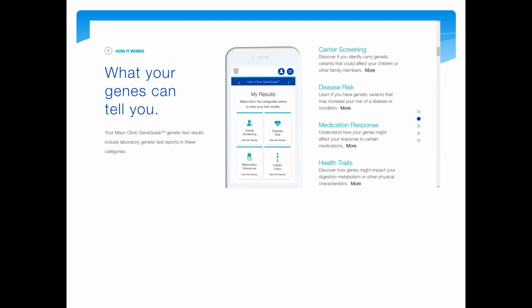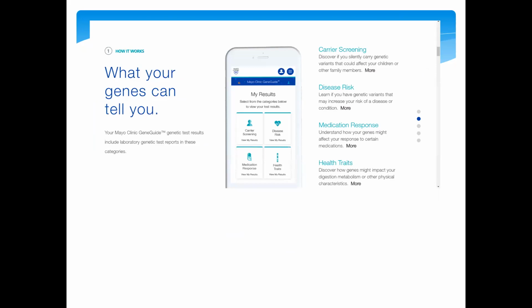So there's a lot of consumer products that are out right now, and you're going to be working with consumer products with our patient Alex that we have in class. This happens to be from the Mayo Clinic, their Genie Guide, and you're able to go ahead and order genetic testing through the Mayo Clinic.